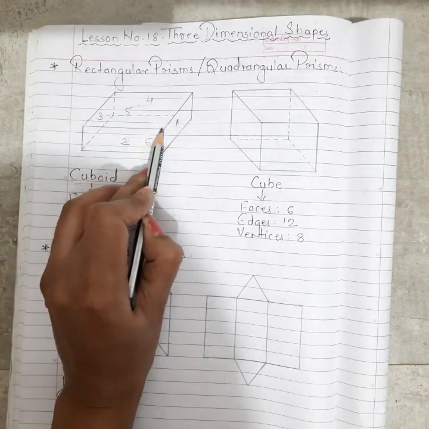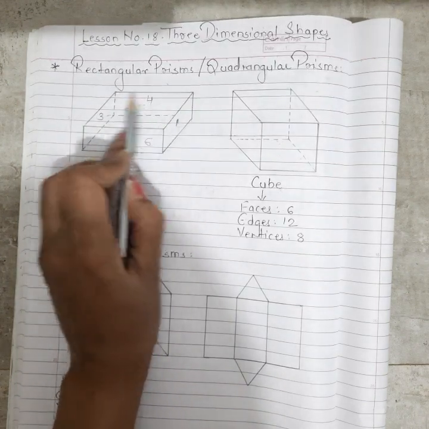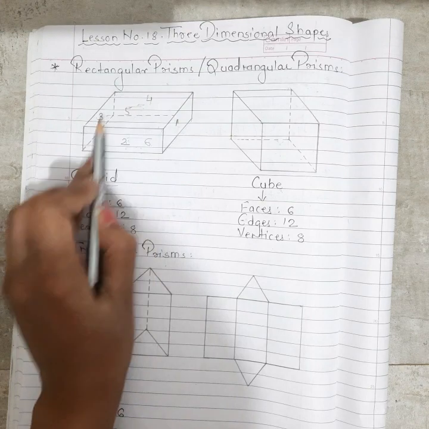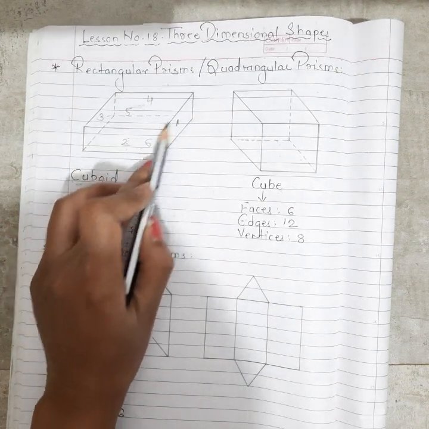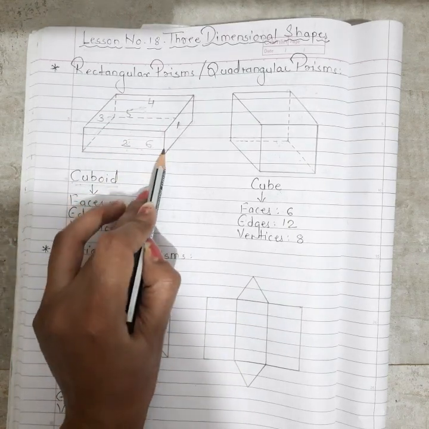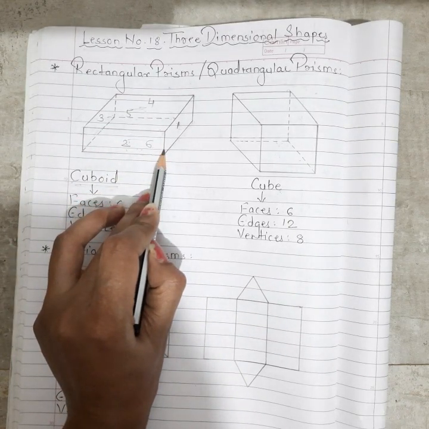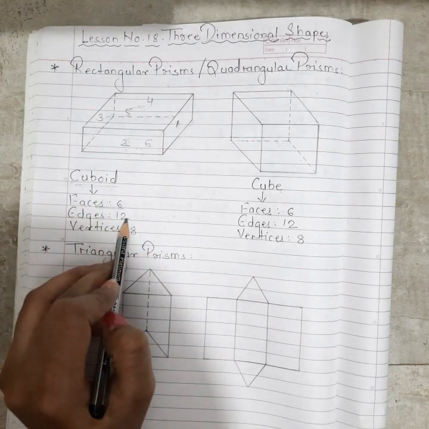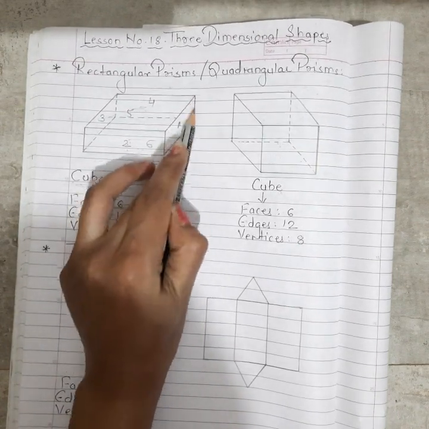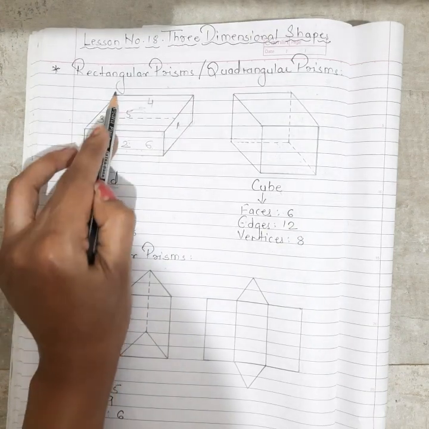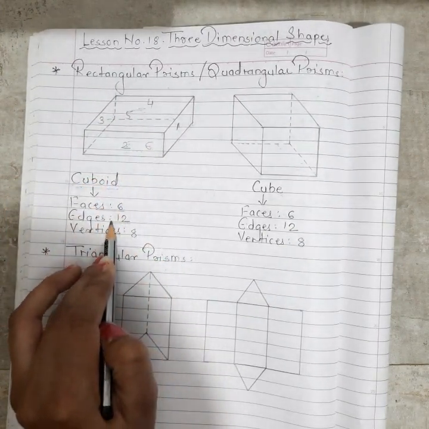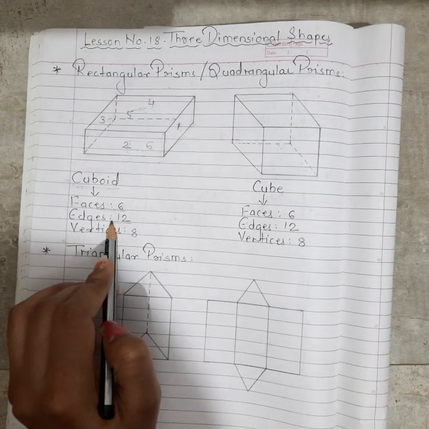Let us count: 1, 2, 3, 4 on the top, plus 4 on the bottom, that is 8, and these edges on the sides, 1, 2, 3, 4. So there are a total of 12 edges of a cuboid.